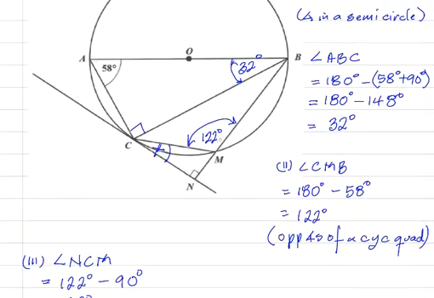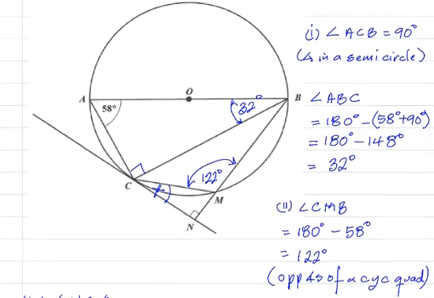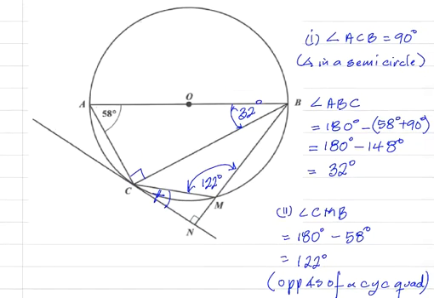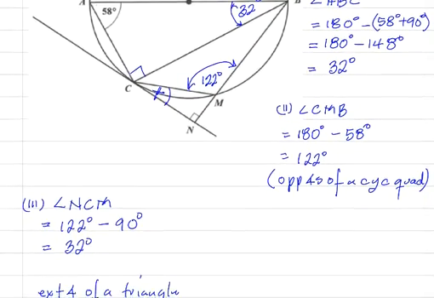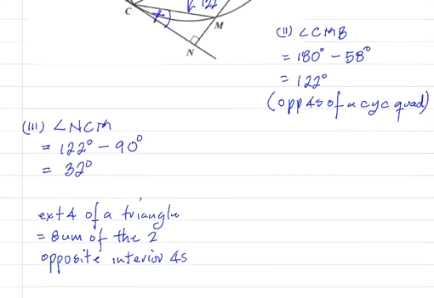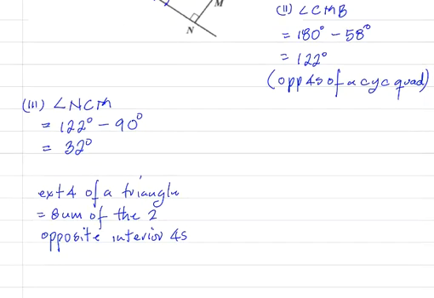So 122 is equal to 90 plus angle NCM. Therefore, angle NCM would be equal to 122 minus 90 degrees. The exterior angle of a triangle is equal to the sum of the two opposite interior angles. So angle NCM is equal to 32 degrees.